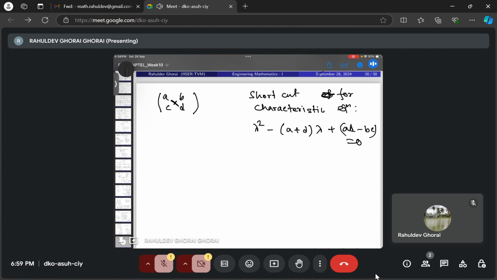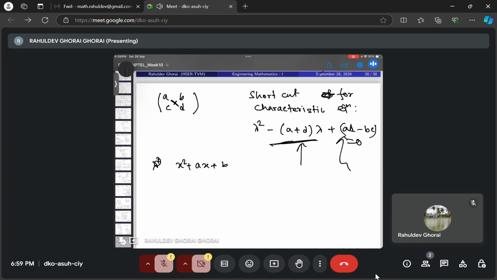You know from school level algebra that this coefficient is the negative of the sum of the roots, and the constant term is the product of the roots. I mean, take x square plus ax plus b.